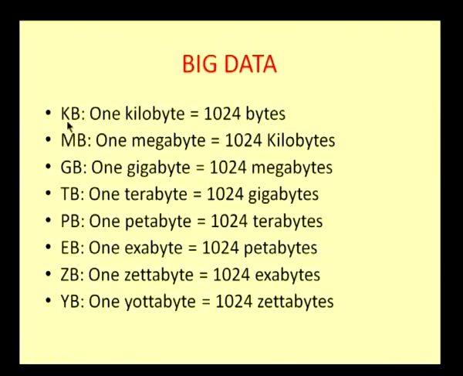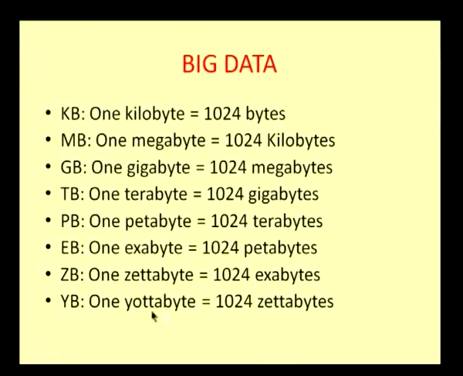Once you have 1024 bytes, it is 1 kilobyte, 2 power 10, and approximately 1000 kilobytes is equivalent to a megabyte, 1000 megabytes to a gigabyte, 1000 gigabytes to a terabyte, 1000 tera is 1 peta, 1000 peta is 1 exa, 1000 exa is 1 zetta, 1000 zetta is 1 yotta.